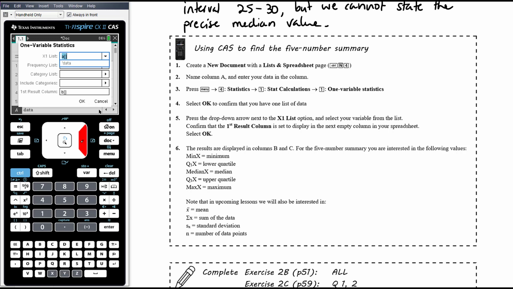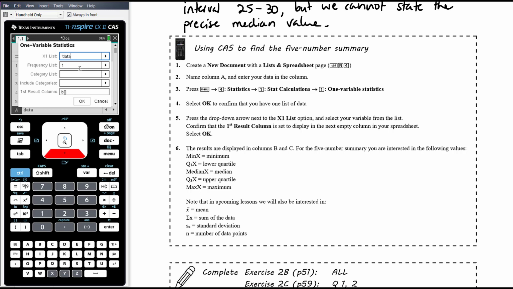If you press the right arrow, it'll open up the drop-down box, and any variable I've got defined should be there. In this case, the default was list A with the square brackets, and that's referring to column A in the spreadsheet. So actually, if we hadn't named our column, we would have been fine.